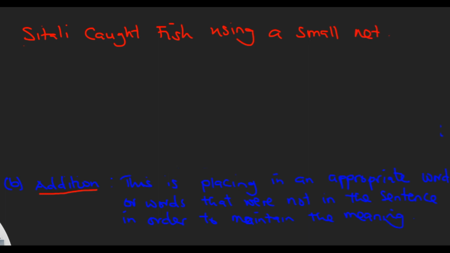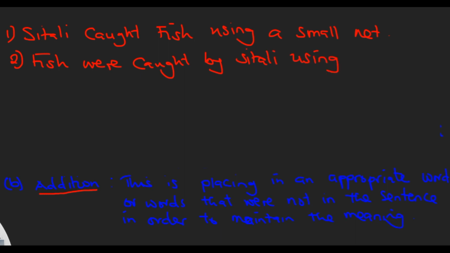So that is the first sentence. For the second one, we are going to add other words that are not there. So in this case, we are saying that fish were caught by Sitali using a small net.